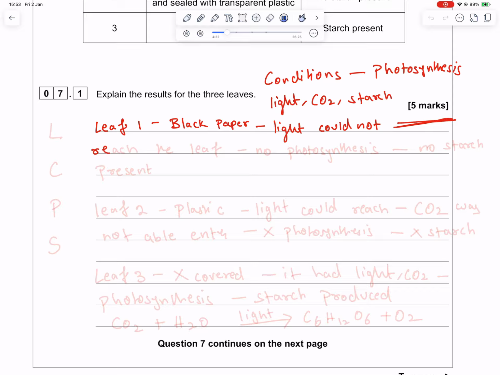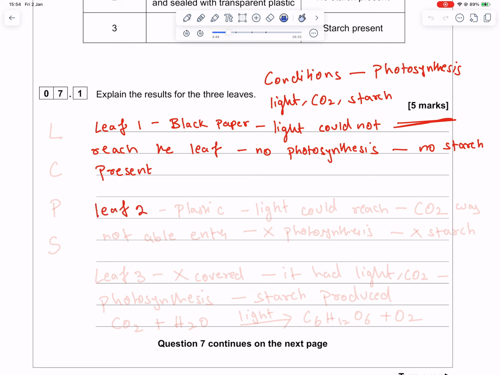Now, without light, photosynthesis could not occur. So, no photosynthesis. If photosynthesis did not occur, there is no starch present. So that's the result of the first leaf explained.